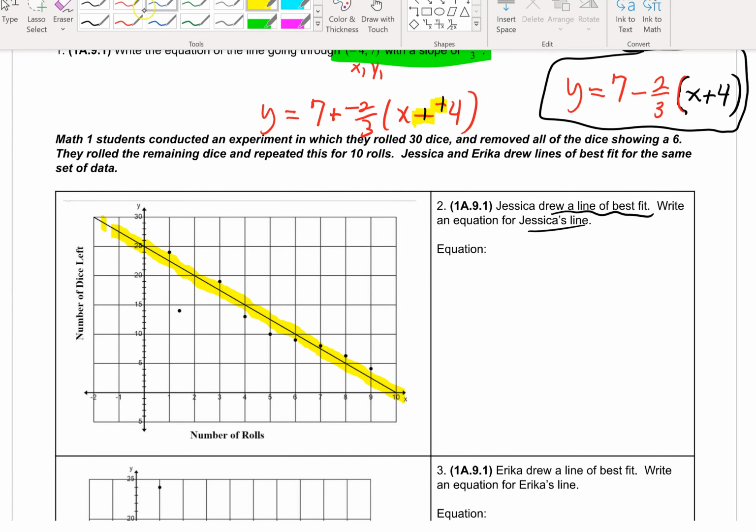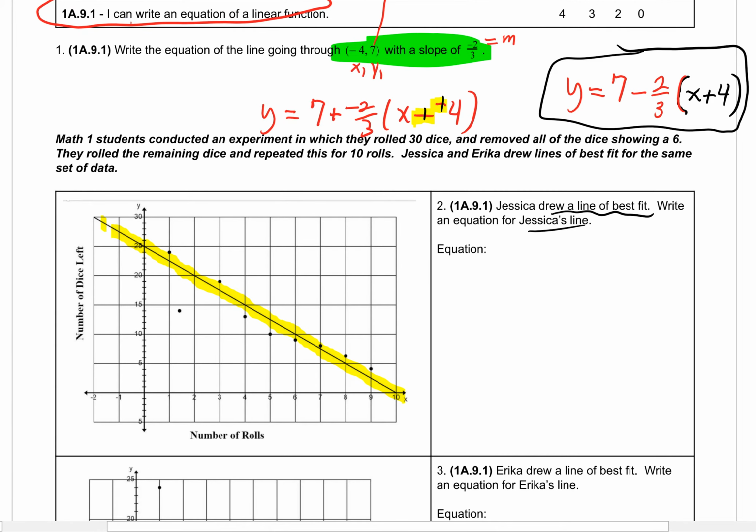You want to get two friendly points. You don't necessarily use the data points. Guys, you had an experiment and you were finding data points. You were plotting them in class that other week. And you didn't even have a line going through it. But this line right here is a great approximation for the pattern that we see.